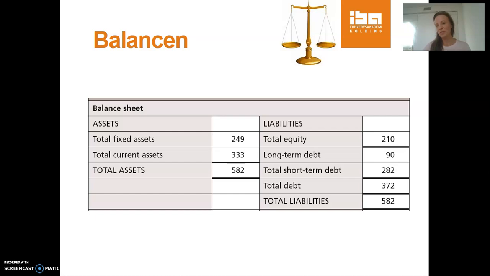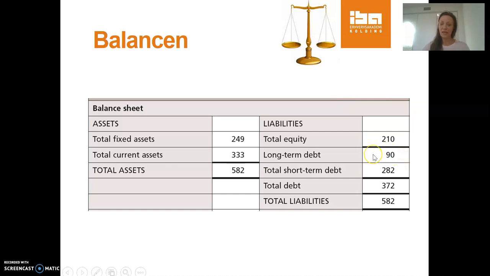What they do sometimes is pay dividend to the owners, and in this equity number you have both share capital, retained earnings, and other ways to raise some equity.